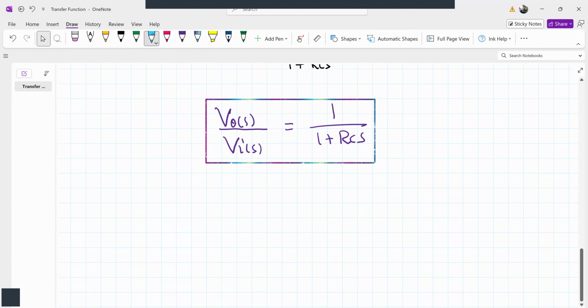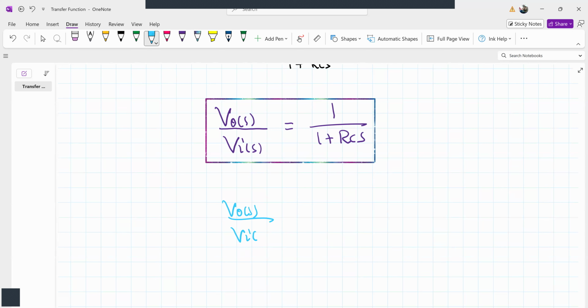We can also write it by taking RC common from the denominator. V naught of S divided by Vi of S equals 1 by RC, divided by S plus 1 by RC.